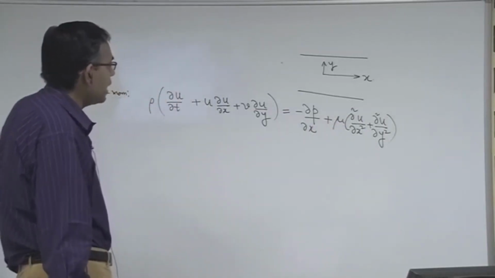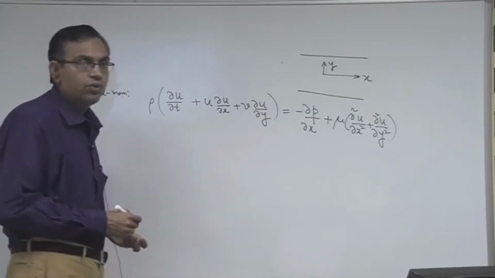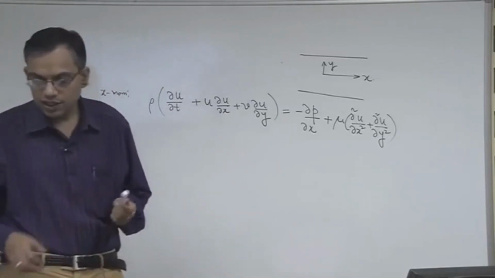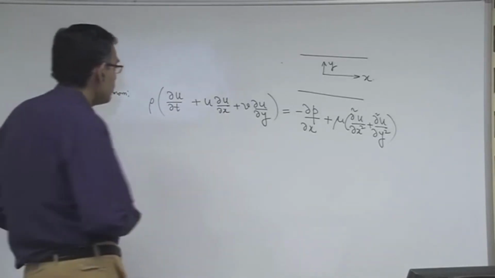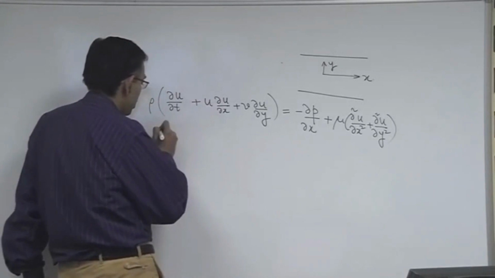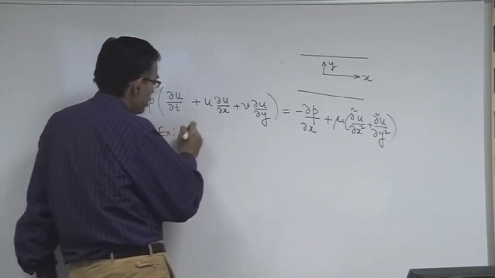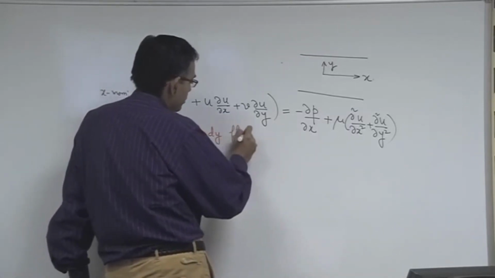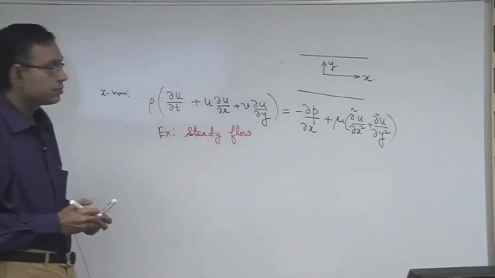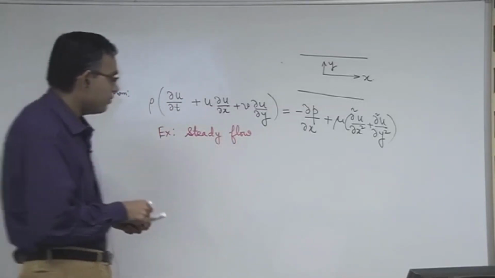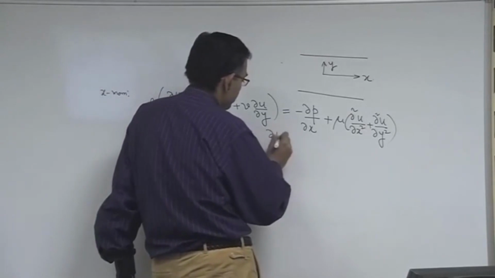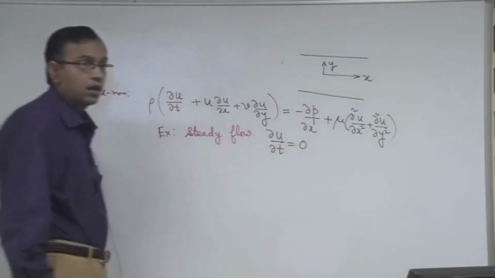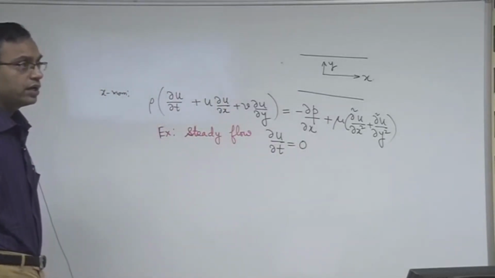Now, let us make an assumption that it is a steady flow. We will discuss in detail some unsteady flows later, but first let us consider that it is a steady flow. So, the steady flow will have del u del t equal to 0.